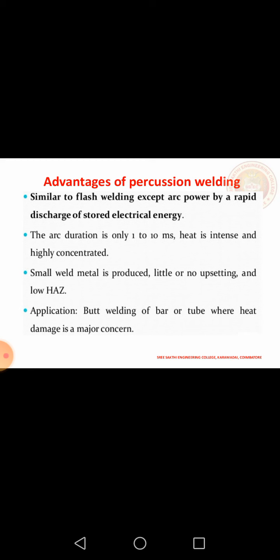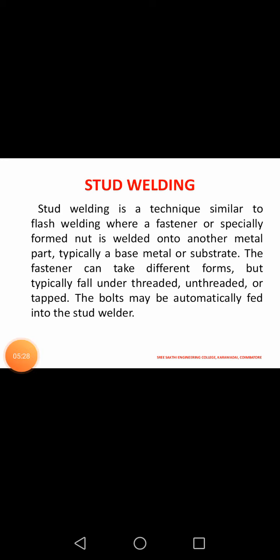Percussion welding is generally used for joining dissimilar metals together or when flash is not required at the joint, and for metals with small cross section area. The general advantages of percussion welding: shallow heat affected zone and a very short time cycle.